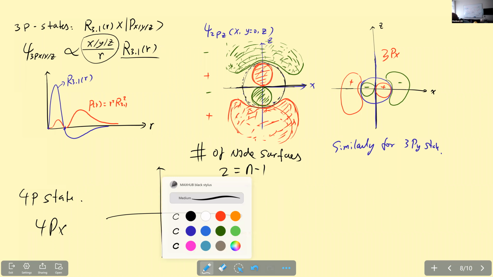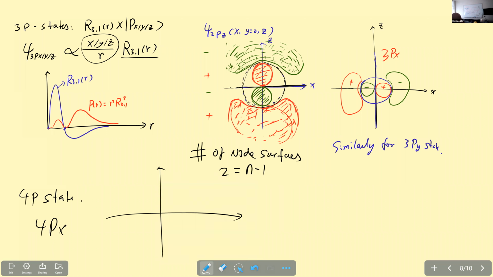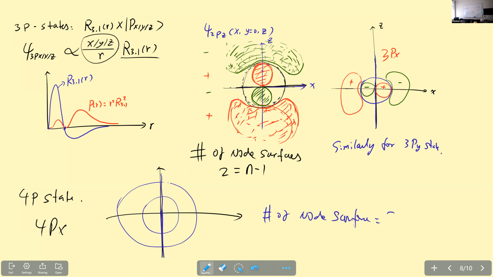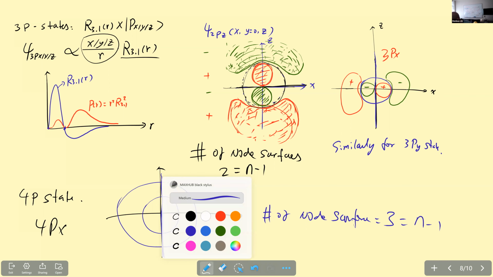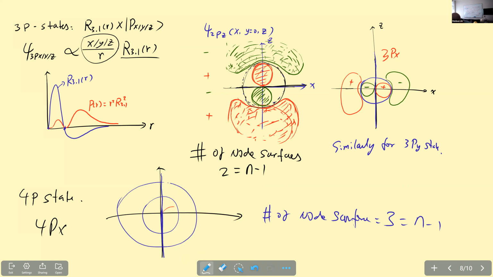And you know that there will be, let's just plot this surface. There will be one surface that's 0, another surface that's 0, and another surface that's 0. So the number of nodal surfaces is n minus 1. And then you can draw the wave function is positive, something like this, and then you have something like this.